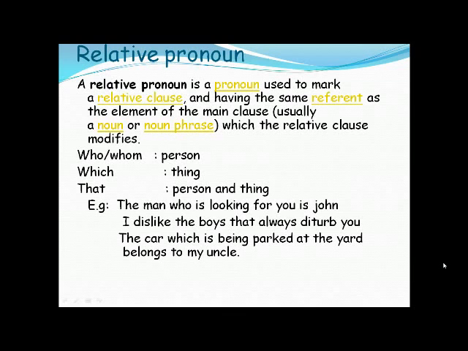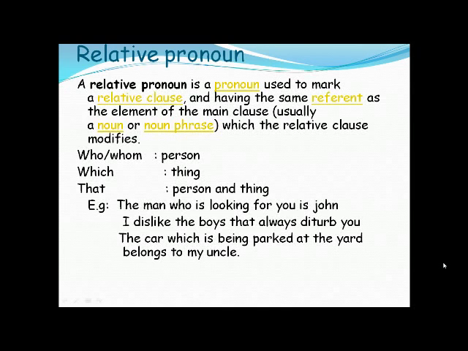And the next is relative pronoun. A relative pronoun is a pronoun used to mark a relative clause and having the same referent as the element of the main clause, usually a noun or noun phrase, which the relative clause modifies.